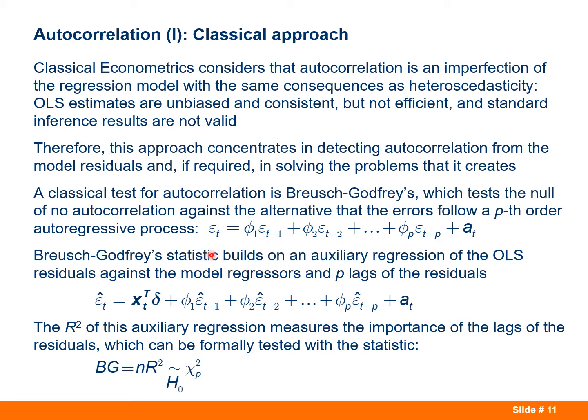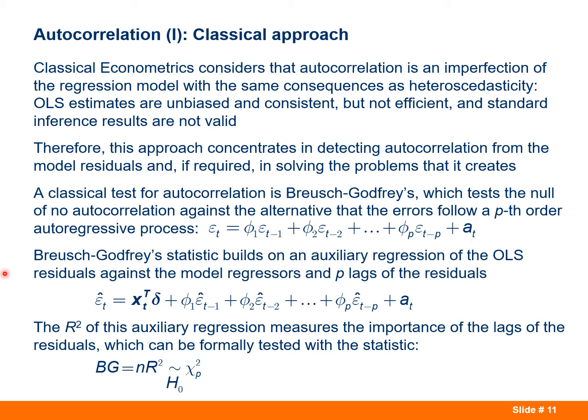In it, we have epsilon t linearly related with epsilon t minus 1, epsilon t minus 2, up to epsilon t minus p. And this error here would be the non-autocorrelated error term. So, in a model with autocorrelation, we have autocorrelated errors, epsilon t, and non-autocorrelated errors, a sub t.